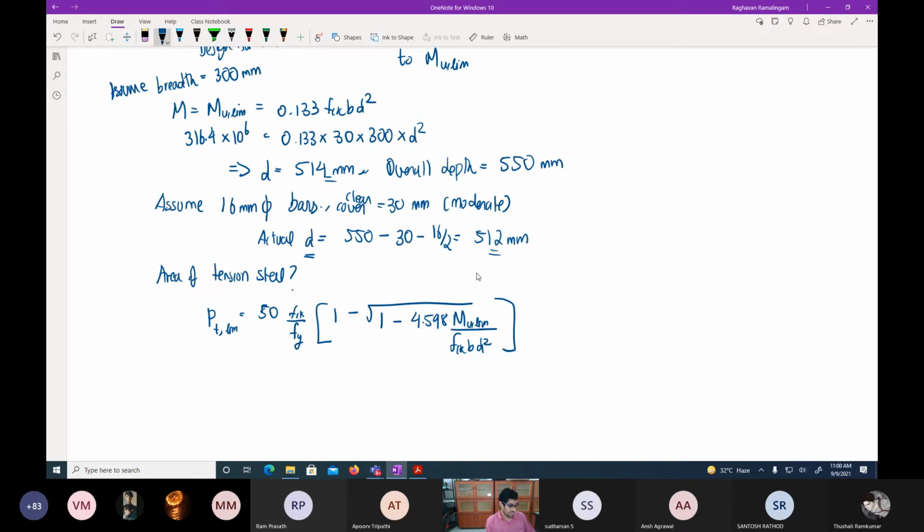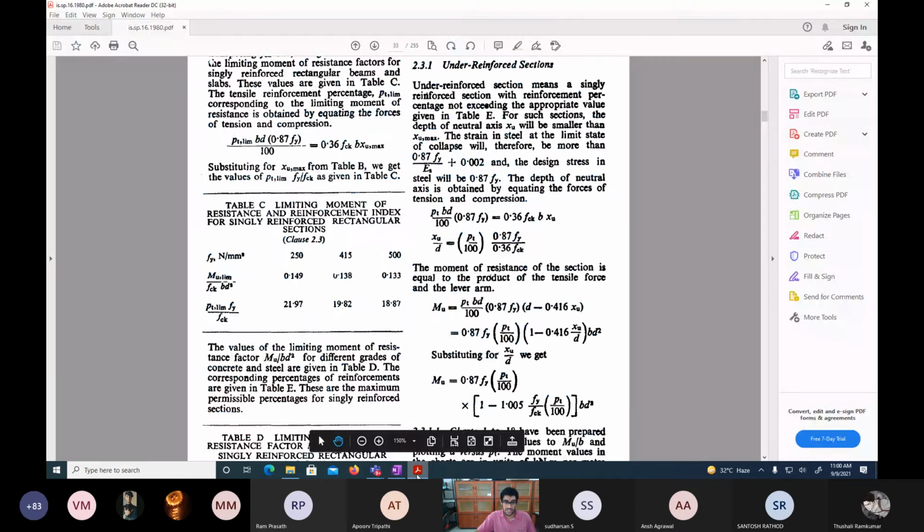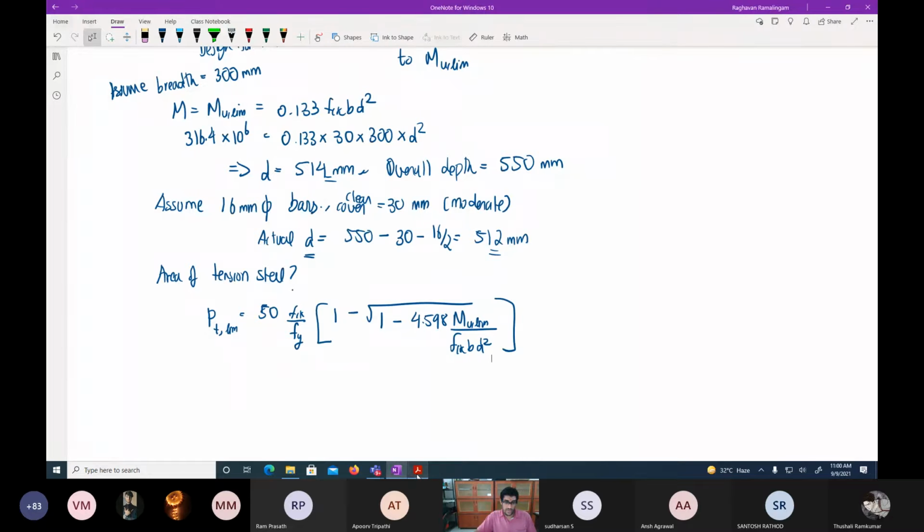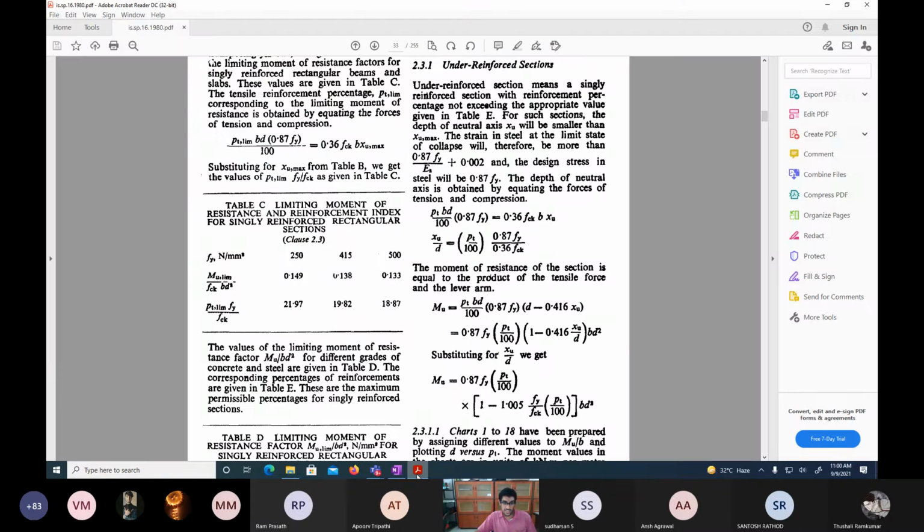You provide this for your given Mu limit and for your given beam. For example, if you have Mu limit by fck b d square equal to 0.149, 0.138, etc., you can just substitute in this formula.